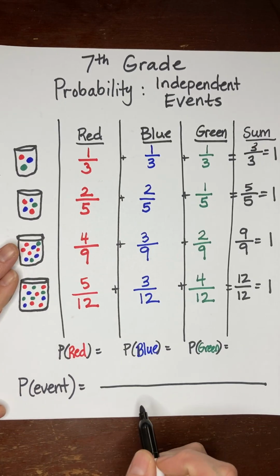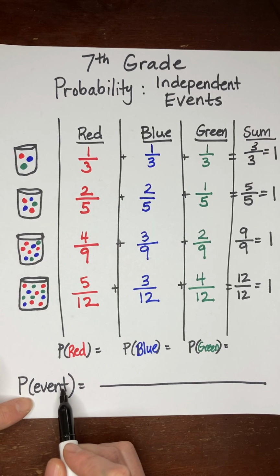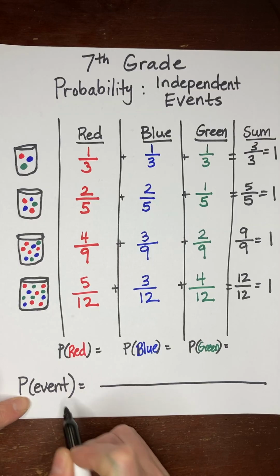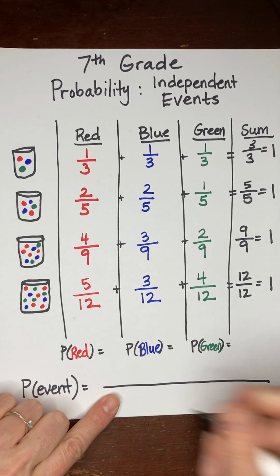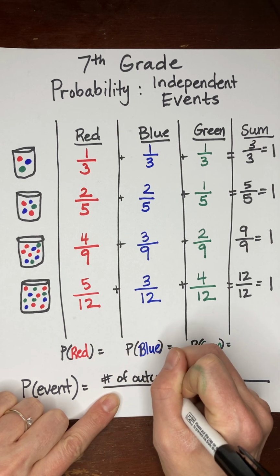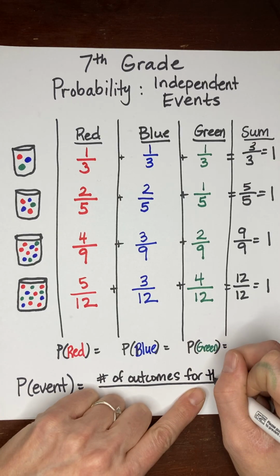Okay, now let's write ourselves our formula. So the probability of an event, any event that we're talking about, this is where the red, blue, and green go, right? But we want to have something general. So the probability of any event happening equals the number of outcomes for that event.